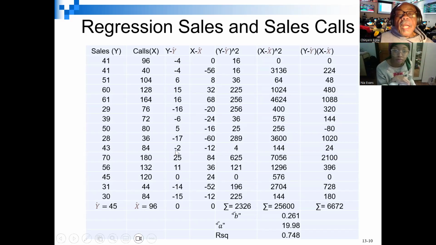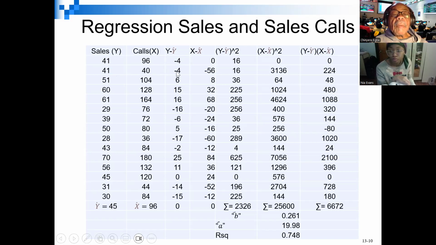Now you must multiply for each observation. Let us take y. For each observation of y, you subtract y bar. So for example, since y bar is 45, 41 minus 45 is minus 4.